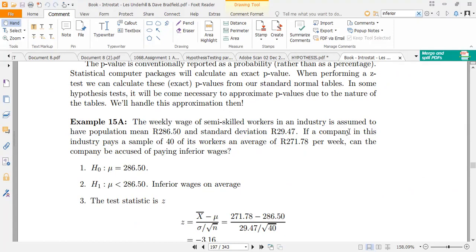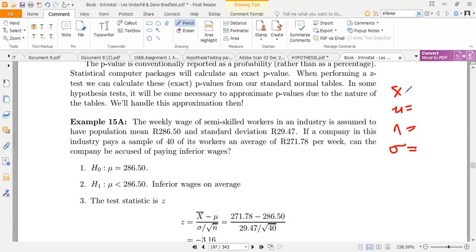If a company in this industry pays a sample of 40 workers an average of 271 a week, can they be accused of paying inferior wages? To start with, which one is our X bar? Which one is our mu? Which one is our sample size? And which one is our standard deviation?